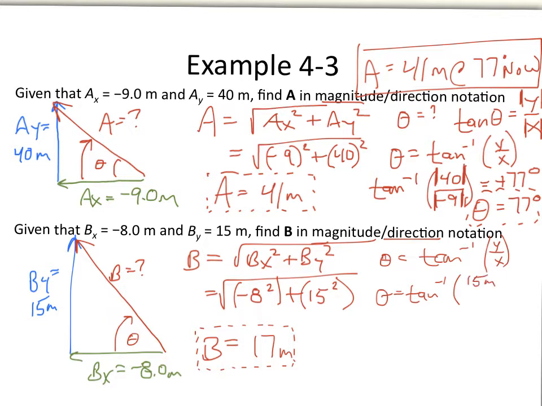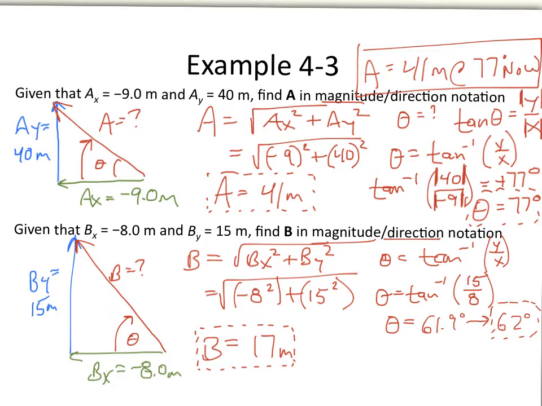I don't really need to put the meters in there. Just do 15 over 8. Remember, this is absolute value, and we're going to determine the quadrant a little bit later on. So theta is going to be 61.99 degrees. Let's just round that up to 62 degrees. Do a little dotted line box right there.